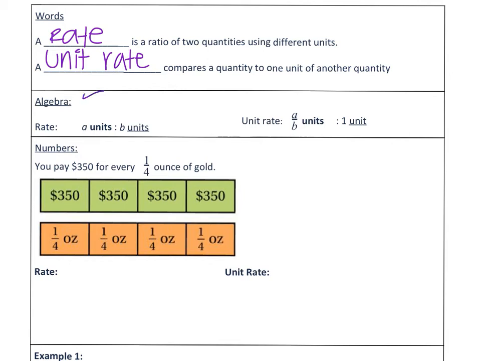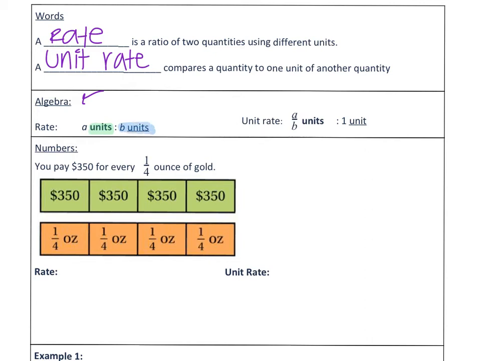Okay, so using what it looks like with our symbols, if I'm comparing thing A to thing B, if you want to highlight with me, go ahead. Okay, I'm comparing A units to B units.